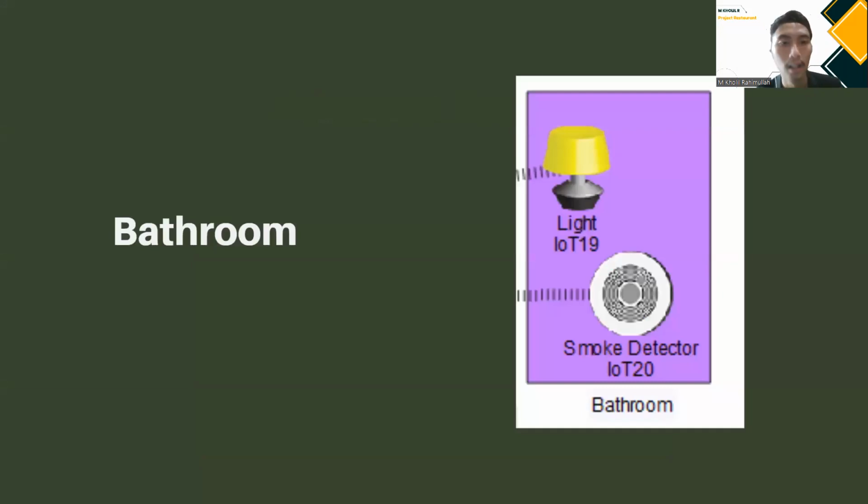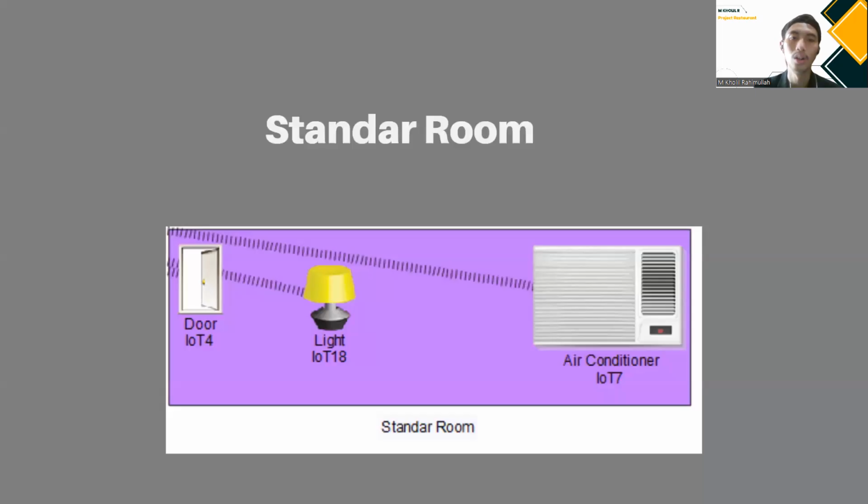And the last thing is the bedroom. The bedroom has two tools here: light and smoke detector. The smoke detector is to detect smoke. As we know, sometimes people want to smoke a cigarette while using the bedroom, so the smoke detector can anticipate that problem.